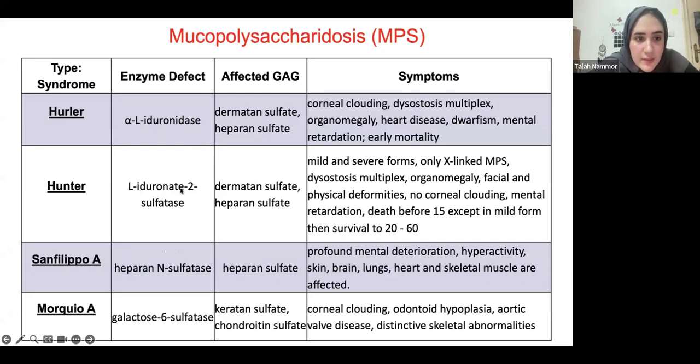So if there was a bunch of enzymes, you can look for iduronidase. Hurler, we have an L in the middle. The L is in the middle, it divides the alpha from the iduronidase. Here, the L is at the beginning, so it definitely is not that. And in here, we have sulfatase. Here, we don't. I'll be honest with you, I'm never going to memorize the names, but look at the structure.